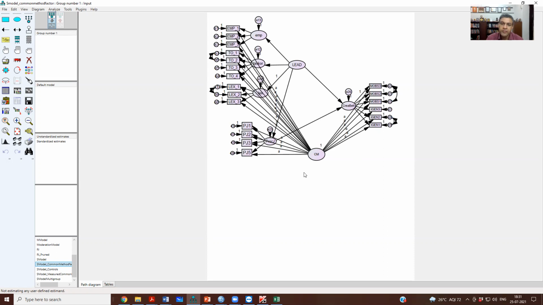Yeah, because I am the one who is responding to leadership, to procedural justice, to creativity. So my bias is coming out consistently in all my reports of these items. So I need to model that bias also, which is this abstract latent factor CM.